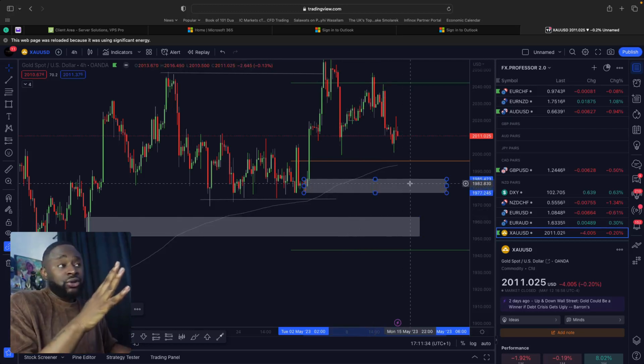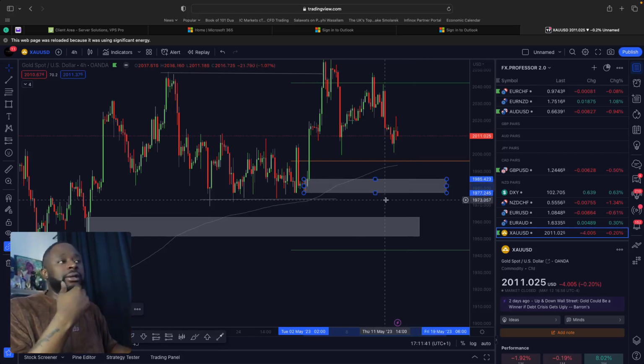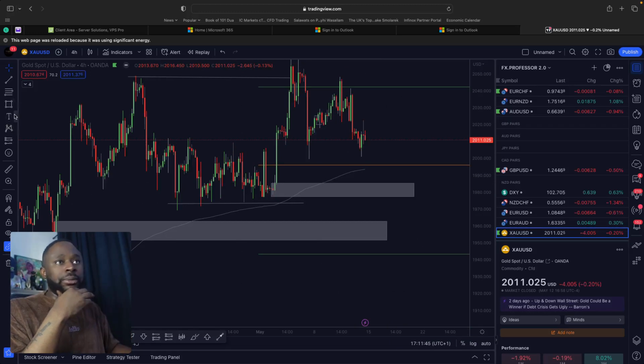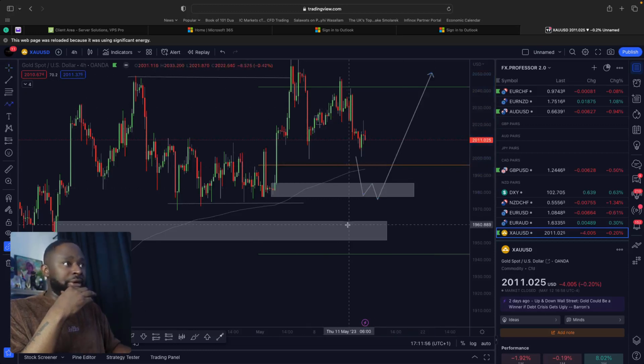If price gets to this level and it goes to the upside, that's still fine. I'd rather let it go than get stopped out. So it could play out this way, it could play out this way, or price might extend to the downside.